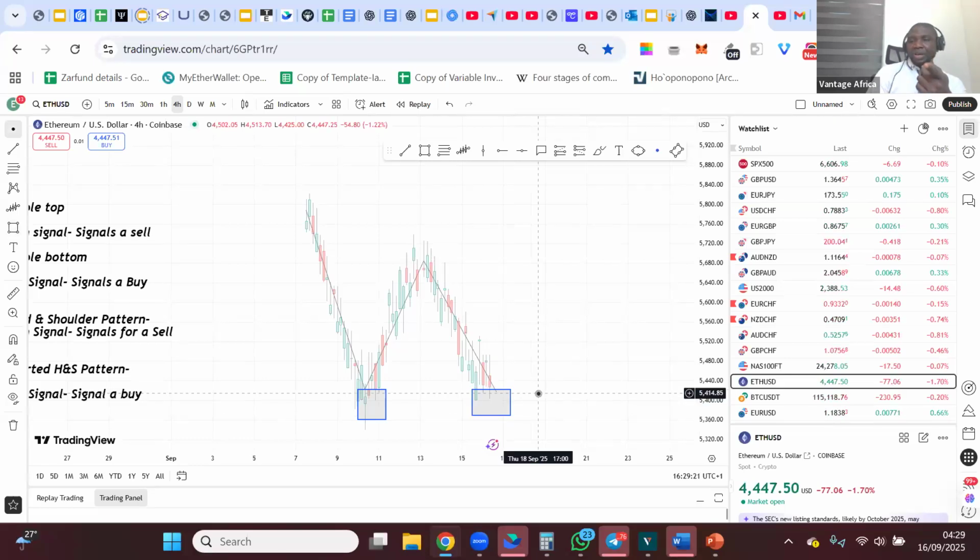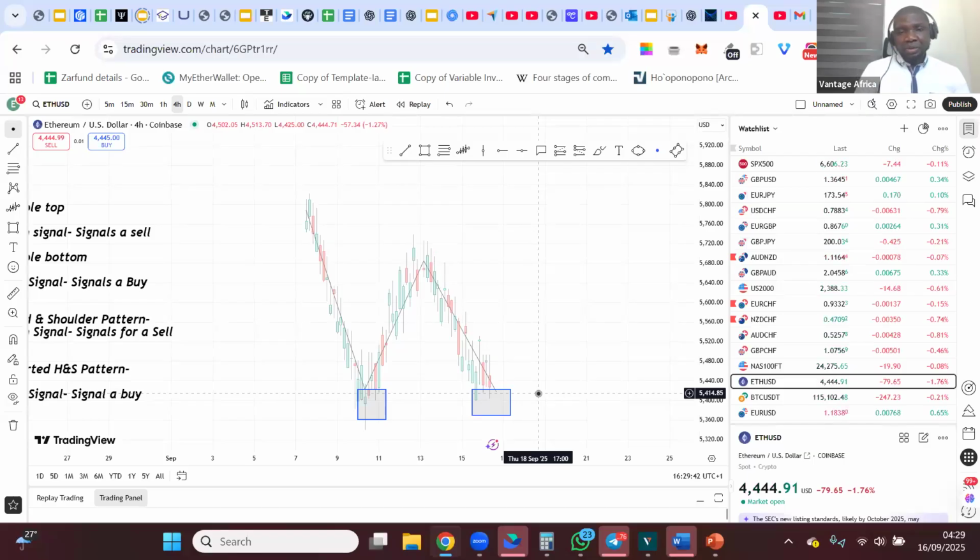If price is actually trying to form another bottom here, that means I'm about to make a buy trade. That means this is a signal that the market is likely going to buy.